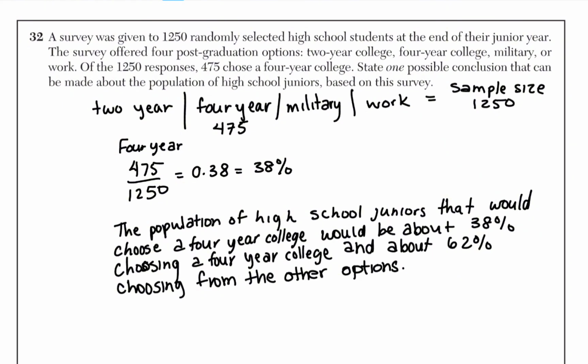It's key that we say "would be about" because at times it might not be exactly accurate. It might be close. It might not be fully 38%. But we also wanted to add that about 62% would choose from the other options. We could say, whereas about 38% would choose a 4-year college, whereas about 62% would choose from the other options.